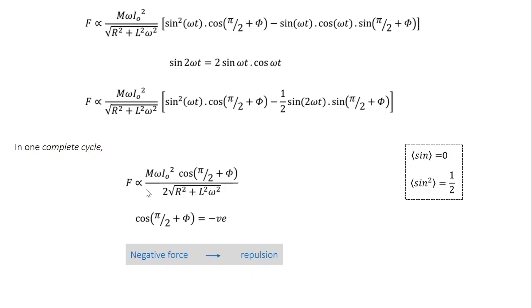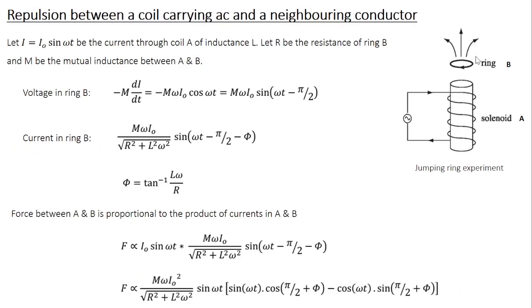On the other hand, a positive force represents an attractive force. So since the force is repulsive, because of the repulsion between these two rings, the ring B is going to jump in the air. So that's the mathematical description of the jumping ring experiment, which is an outcome of the phase relation between voltage and current in an LR circuit.